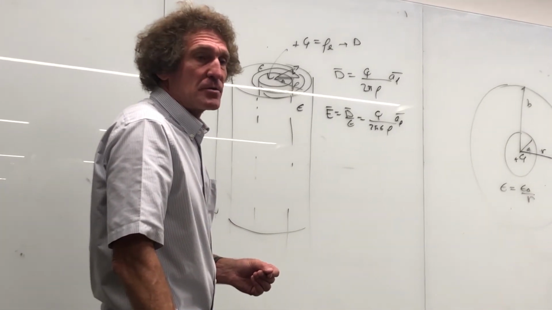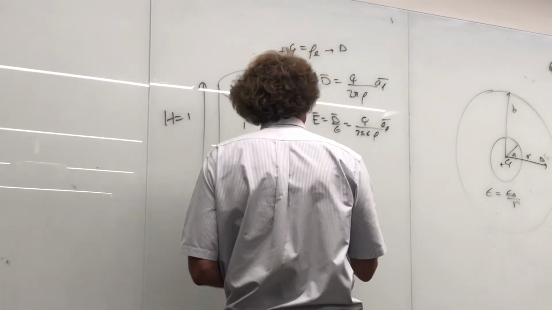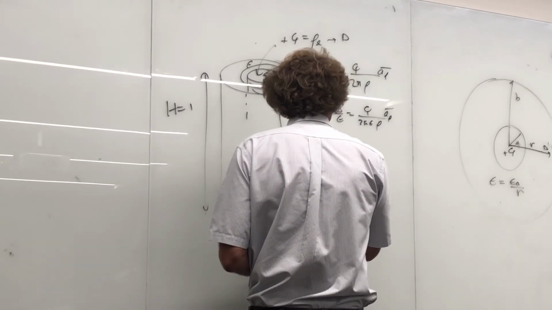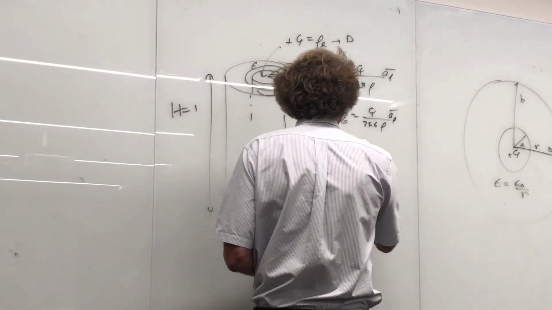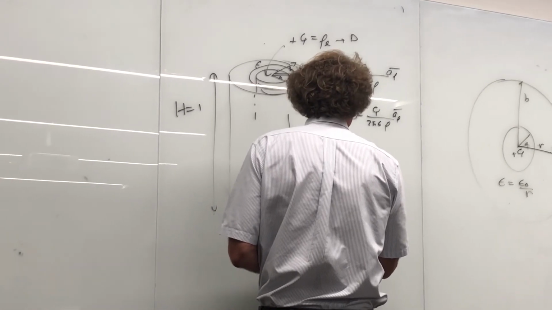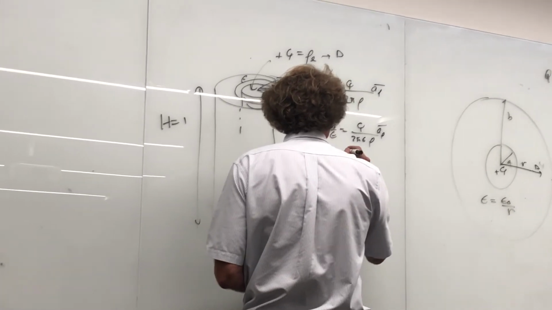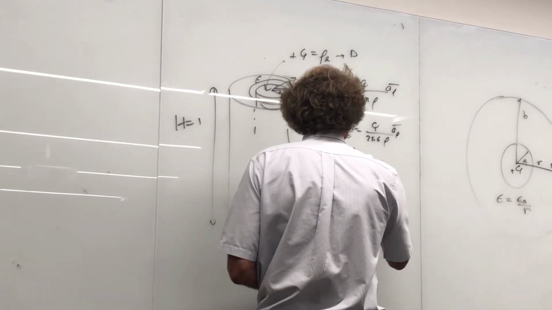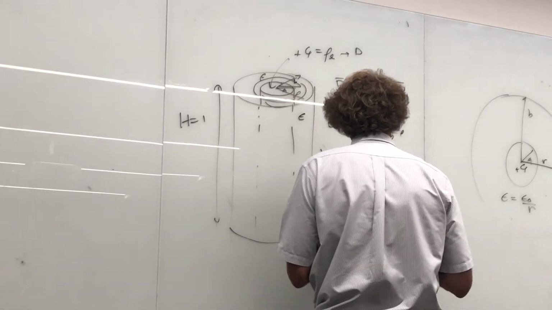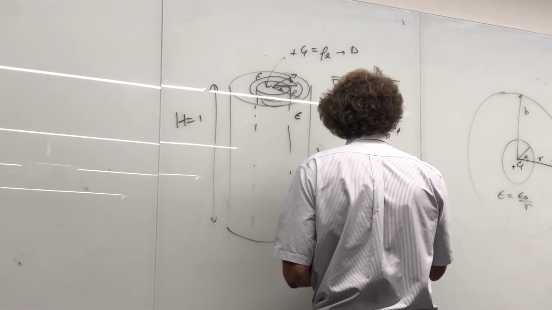So now I have E. Finally, how do I get the voltage once I have E? Integrate, from A to B. All right, so now I can say the voltage between B and A is equal to minus the integral, and you don't need to worry about that minus sign, from A to B of Q over 2 pi epsilon rho, a-rho.